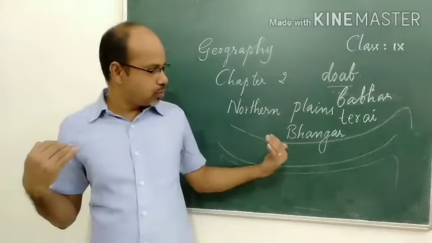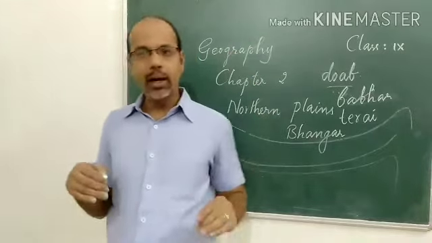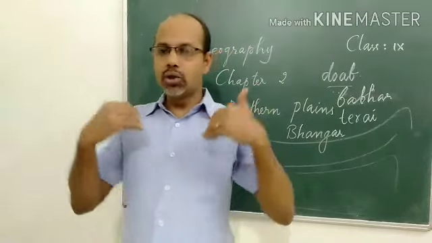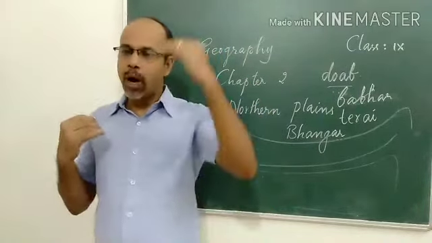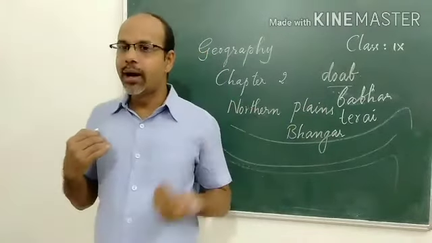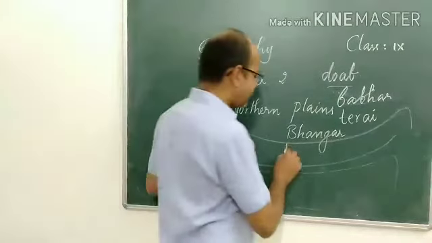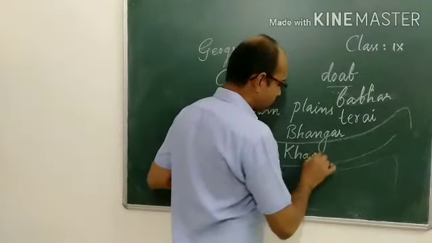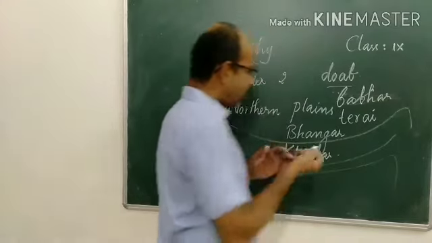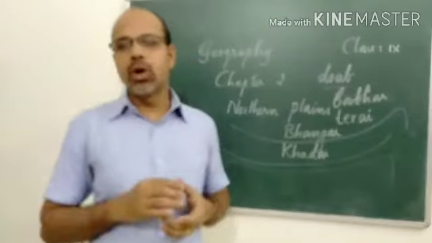Bhangar is the older alluvium deposited earlier in this region. Now there is also a newer alluvium, which is brought newly and is called younger alluvium, known as Khadar. Older alluvium is Bhangar and newer alluvium is Khadar.